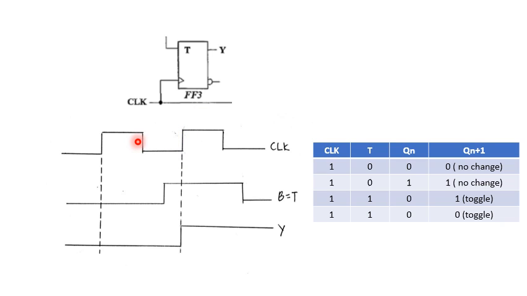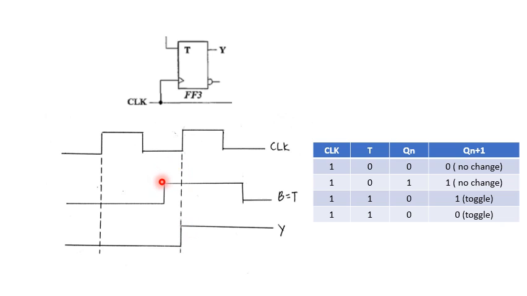Then look at CLK1. The value of T is 0. From the truth table here, if the value of T is 0, the answer will be 0. So here will be 0 and continue until CLK2. At CLK2 here, it will stop here.